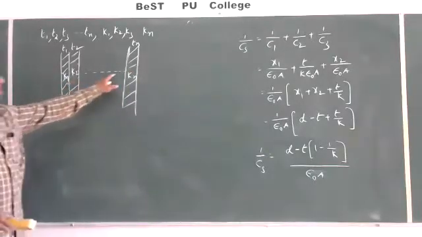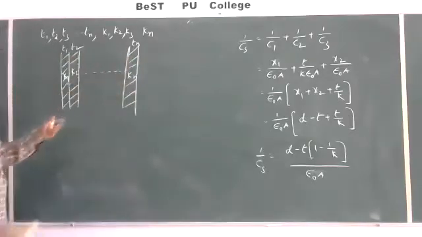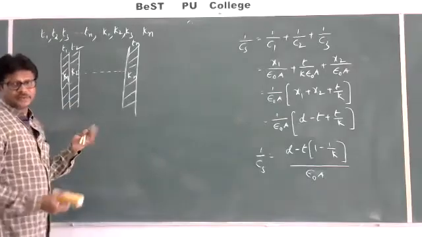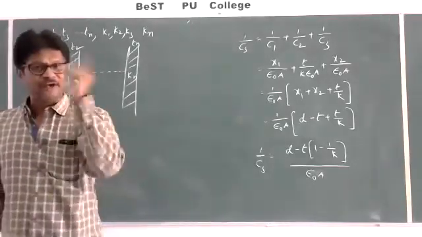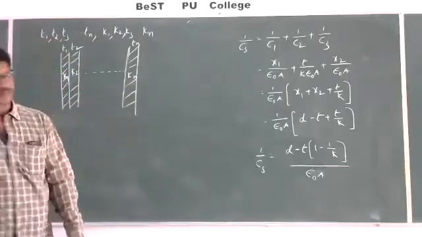Like that, the space between the two plates is completely filled with different dielectric slabs having different thicknesses and different dielectric constant values.